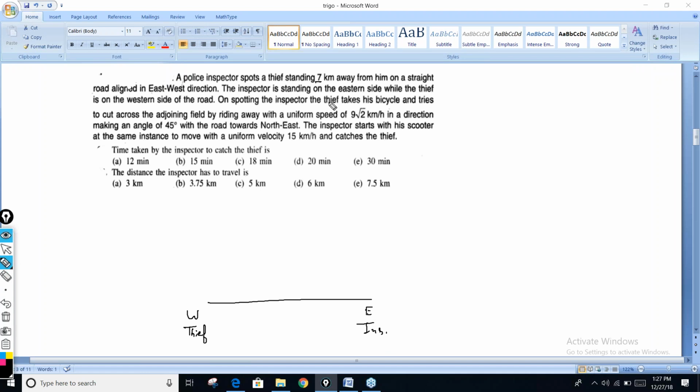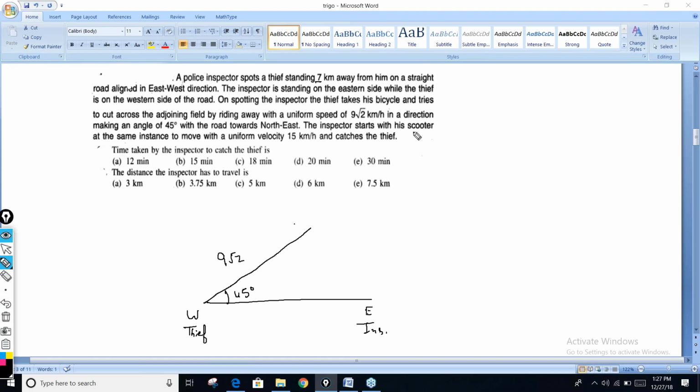On spotting the inspector, the thief takes his bicycle and tries to cut across the adjoining field by riding away with a uniform speed of 9√2 km per hour in a direction making an angle of 45 degrees with the road towards northeast. So that is north, that is east. The thief runs in this direction, northeast, at an angle of 45 degrees with the speed of 9√2 km per hour.